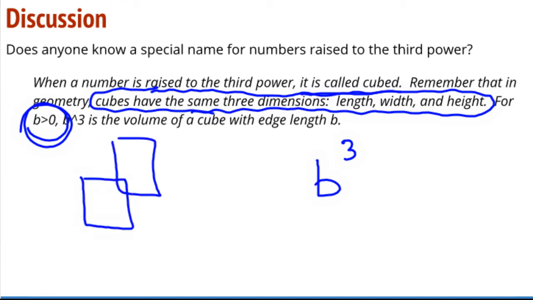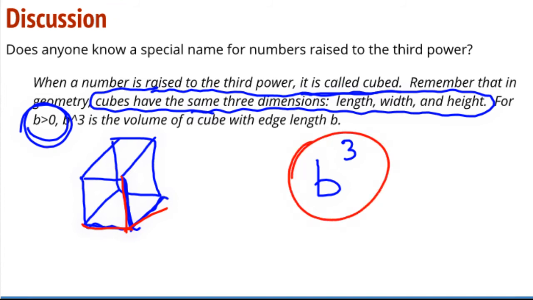Quick rough drawing here. So on cubes, this side right here is the same length as this side right here, is the same length as this side right here. Turn those into different colors here. There we go. So all the sides are the same length. So to find the volume of the cube, we take one of these sides and we cube it, raise it to the third power.